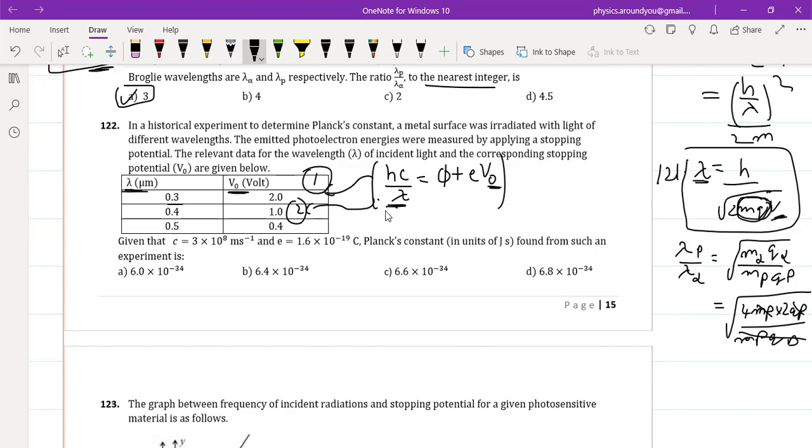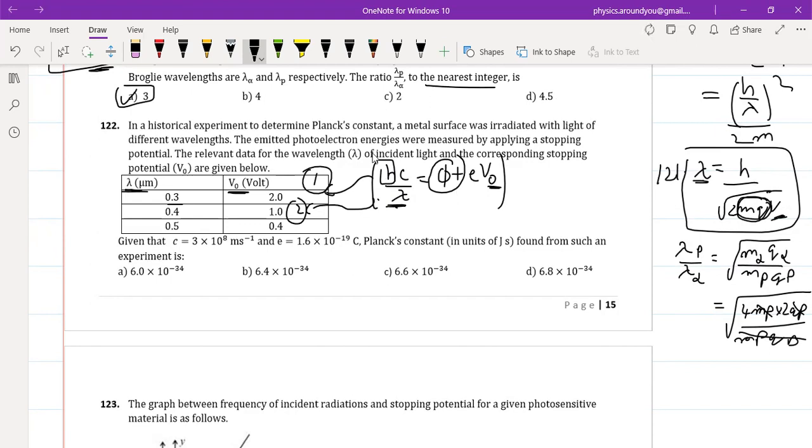For the second time, lambda would be 0.4 and V naught would be 1.